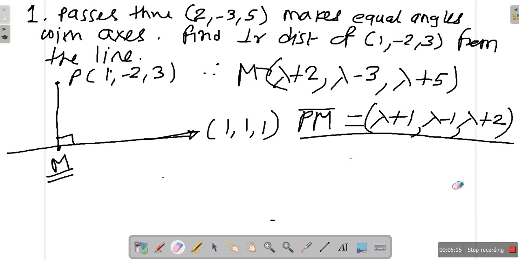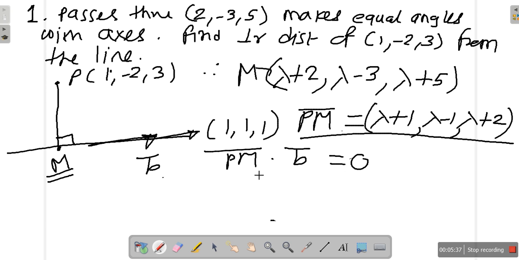And look at the figure. This is PM bar and b bar is like this. So PM bar and b bar are at right angles, so the dot product will be 0.